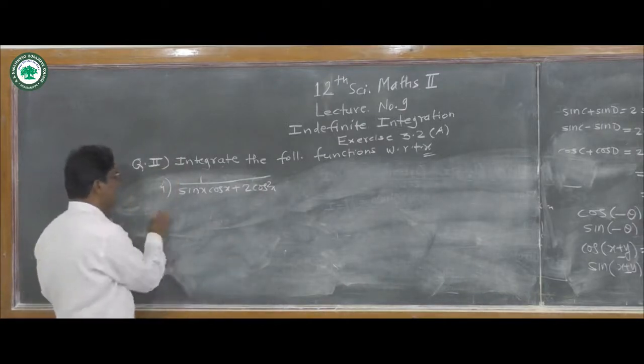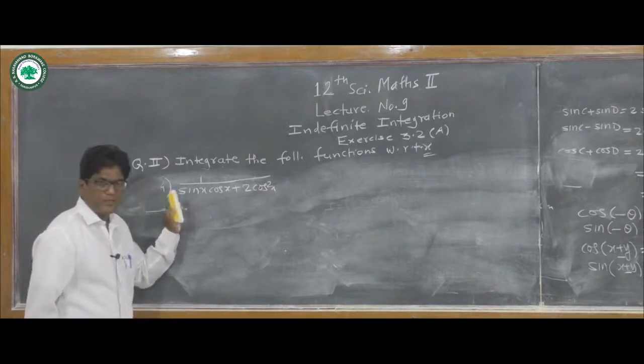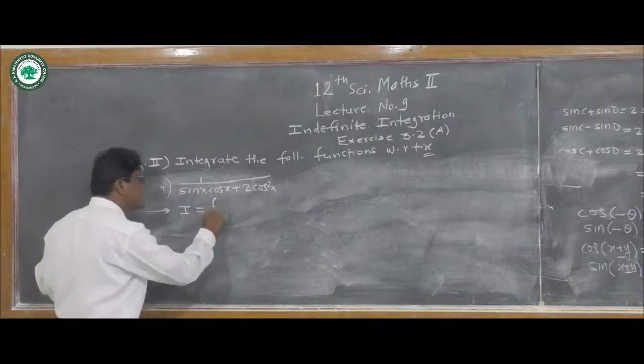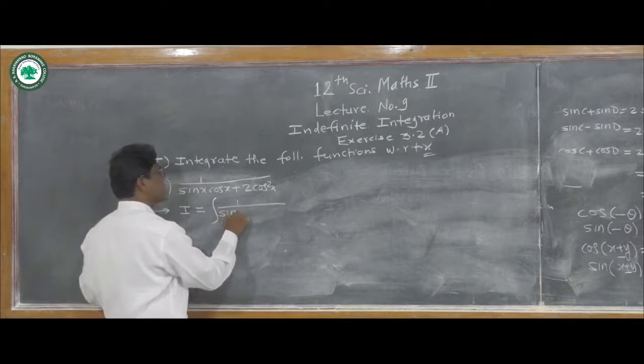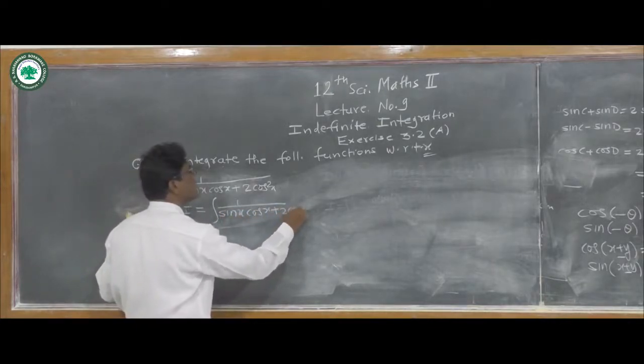Now call this as I. Let us try to solve this. Firstly, we denote it as I. I is equal to the given problem, integration of 1 upon sin x cos x plus 2 times cos square x dx.